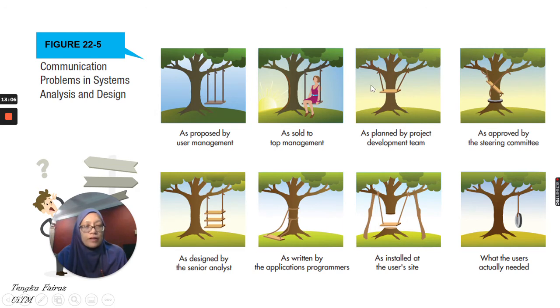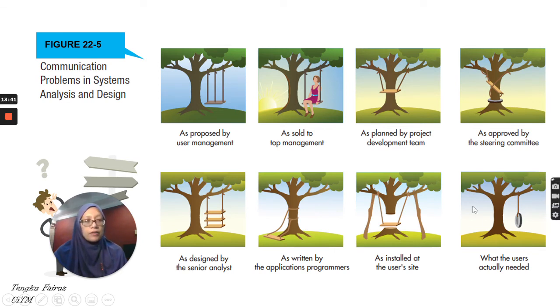So this is a different illustration. As designed by the senior analysts, written by the programmers, installed at the user sites, and what the users actually needed. You can refer to the last picture. This is actually the users needs, but before that, when they have a problem in communicating the users needs, they will illustrate different types of swing, and none of them match the users needs.